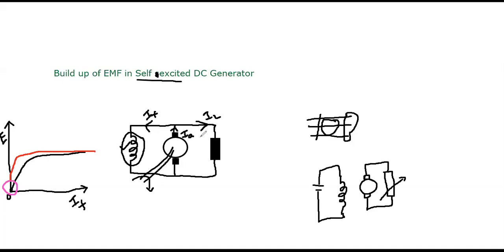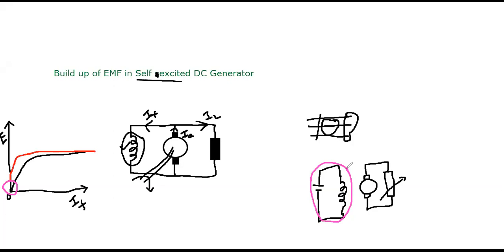This is the beauty of the self-excited DC generator. Even though we do not have any separate DC source, as in the separately excited DC generator, the presence of this residual magnetism plays a vital role in the buildup of EMF.